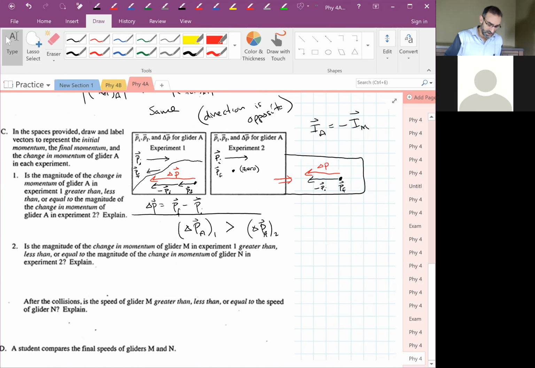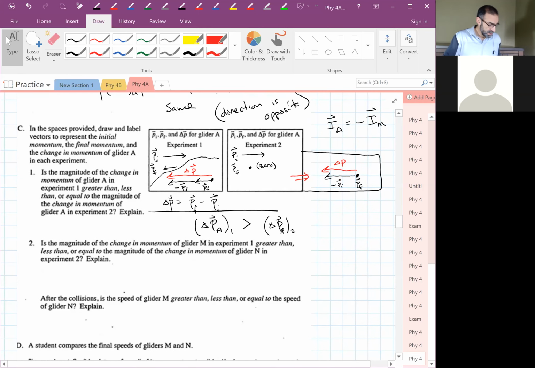Okay, so real quick, let's finish this one page here. A has a greater change in momentum in experiment 1, and we know A and M will have the same impulse, the same change in momentum, but in the opposite direction, and A and N in case 2 both have to have the same change in momentum, right?